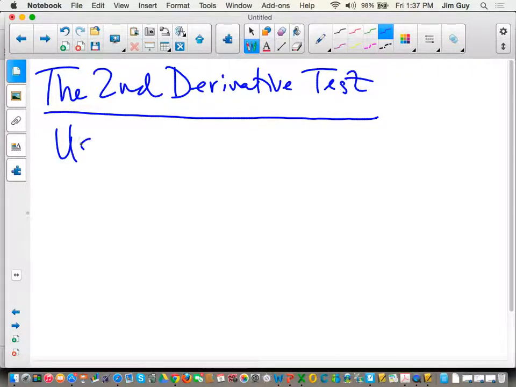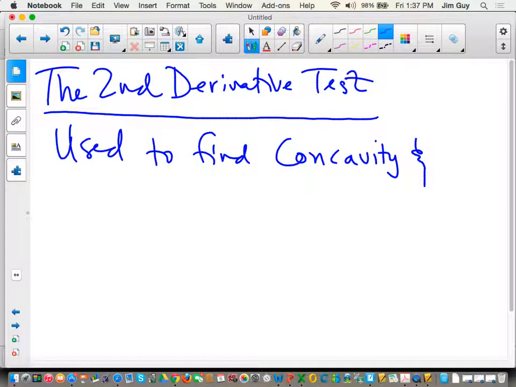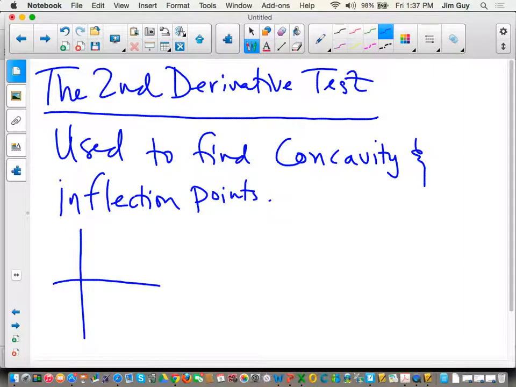So, this is used to find concavity. Concavity and inflection points. So first of all, I'm not sure if we ever mentioned this in here, the term concavity, what I mean by that.